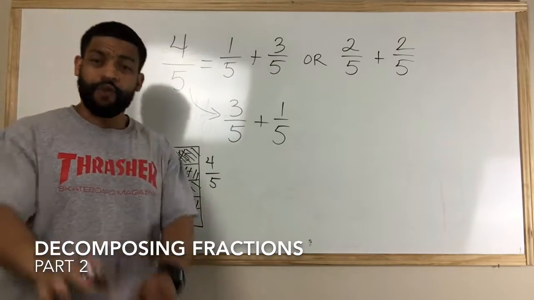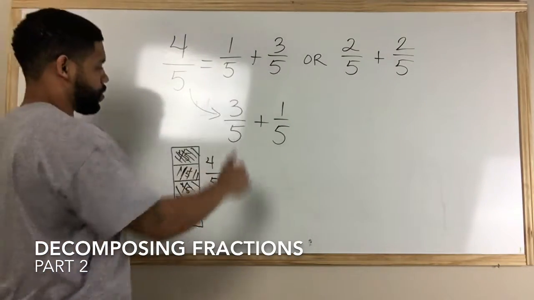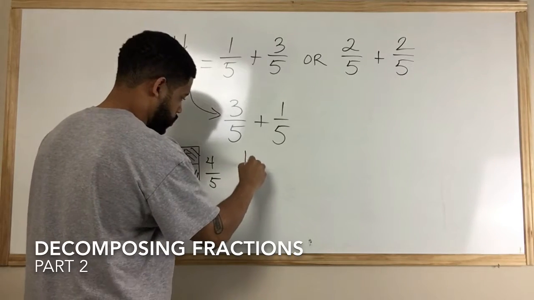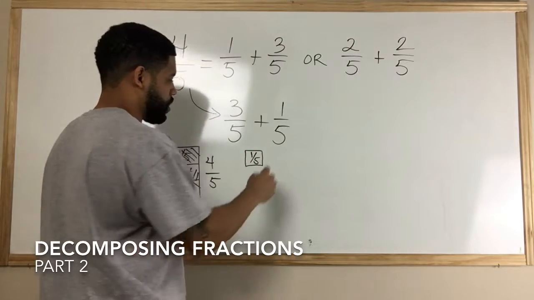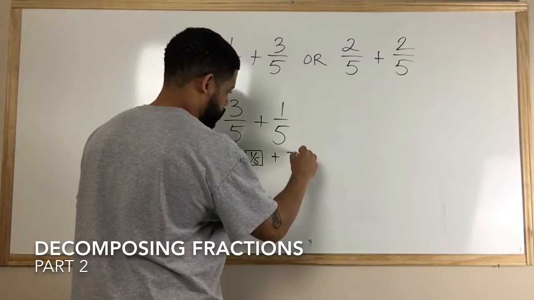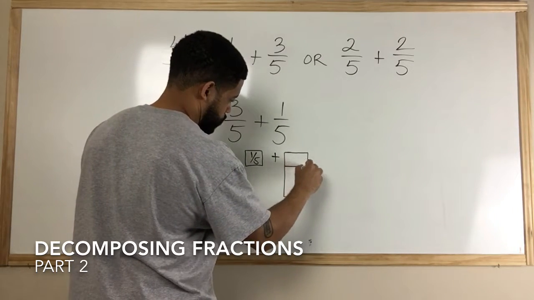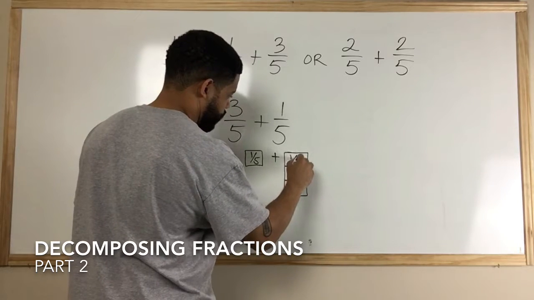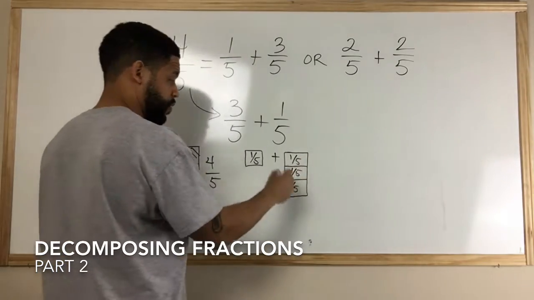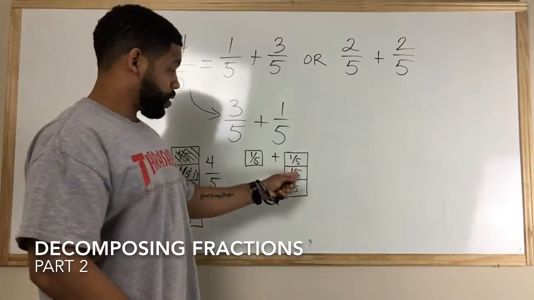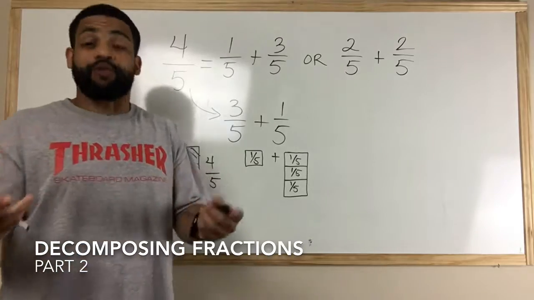So this is representing 4/5, okay? Now, if we make a visual representation, we can simply say, let's say 1/5. We're going to pretend that this is 1/5, okay? And then plus 1/5, 1/5, and 1/5, which is 3/5, okay? So 1/5 plus 3/5 gives us the 4/5, and they would have the same value, okay?